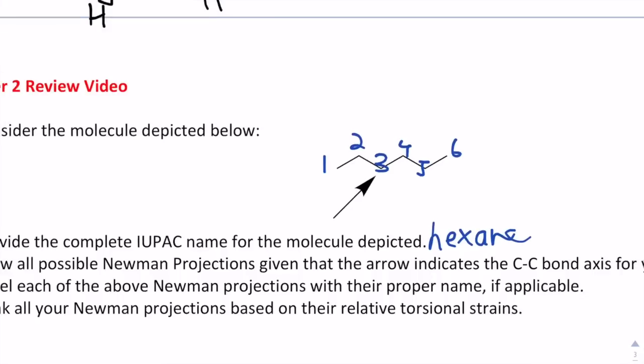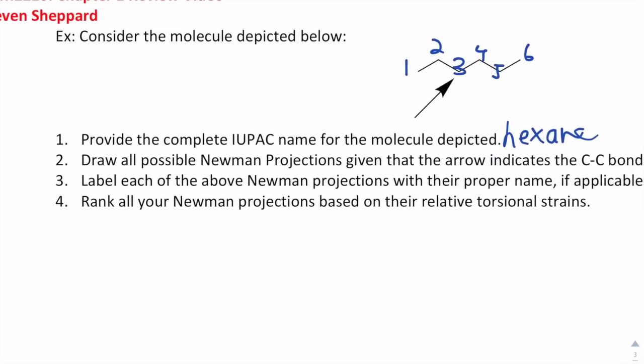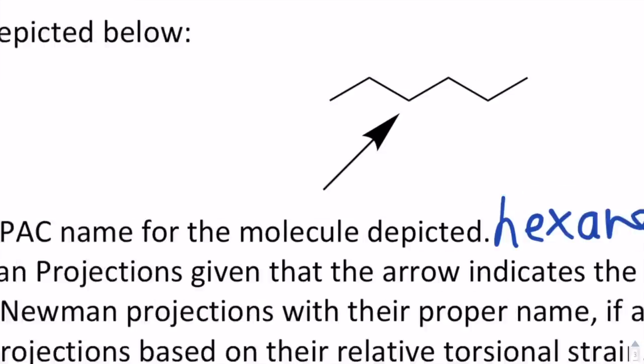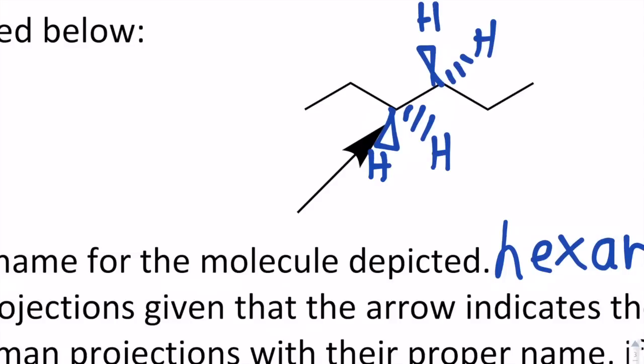Okay, so now let's draw all possible Newman projections for this molecule, given that we're looking through carbon 3 and 4. So maybe it would help if I drew in their hydrogens here. So my first carbon is carbon 3, and my last carbon is carbon 4.